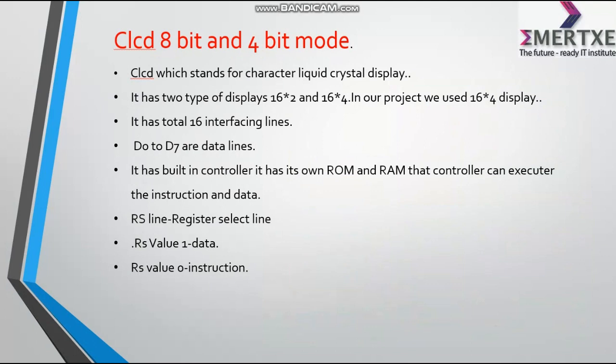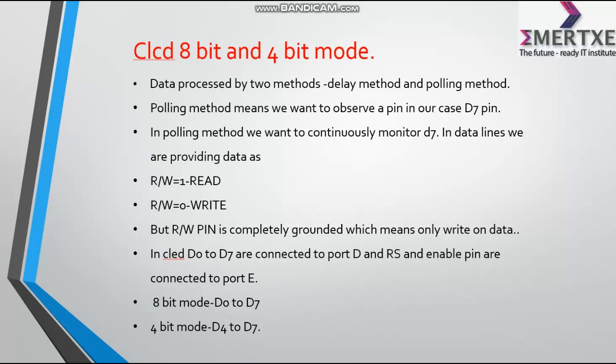The RS line is known as the register select line in the CLCD display. If the RS value is set to 1, it will take it as data, and if the RS value is set to 0, it will take it as instruction. Data is processed by two methods, delay method and polling method.